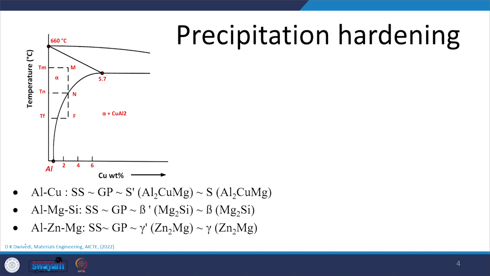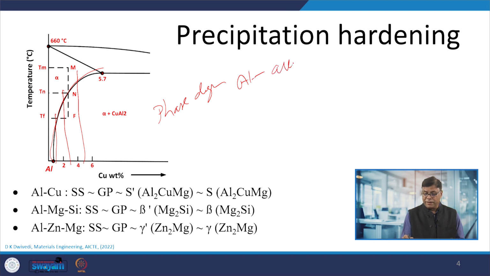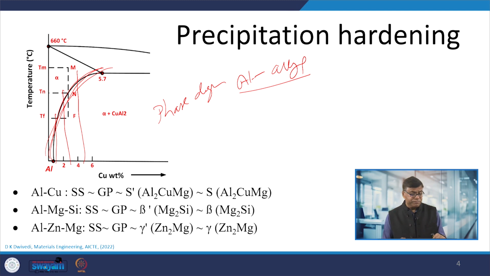This solvus line can be used for different alloy compositions. It will indicate how much heating should be done. Basically, we use the phase diagram of aluminum and that particular alloy to identify how much temperature is needed to form the homogeneous solid solution, and we heat above that.